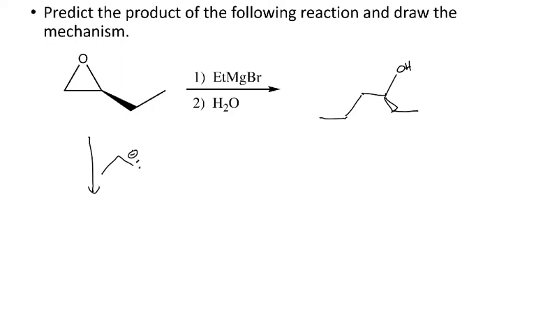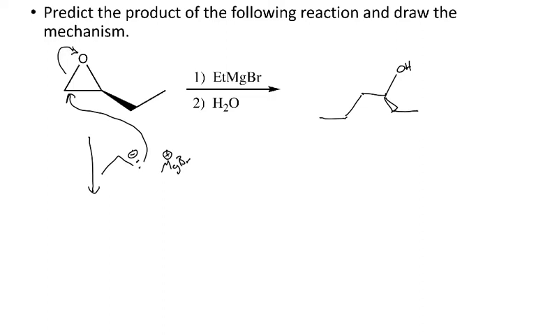So what I really have is the negative ethyl, if you will, and then the rest of the Grignard reagent isn't really involved. And so my ethyl anion is going to attack there. Bond becomes a lone pair on the oxygen.